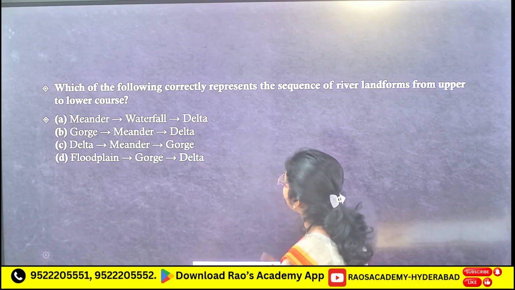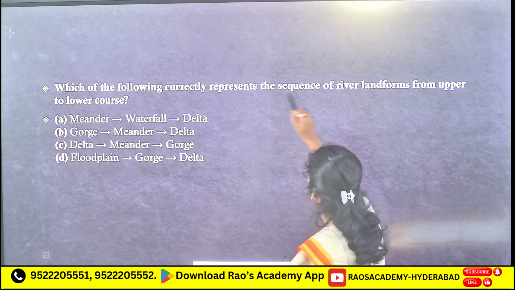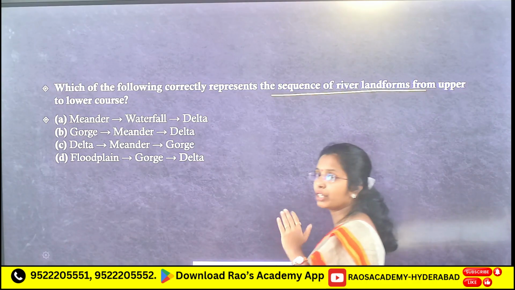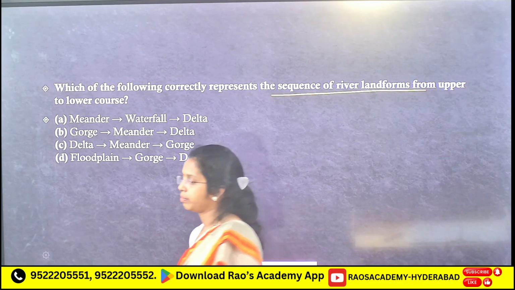Next, which of the following correctly represents the sequence of river landforms from upper to lower course?